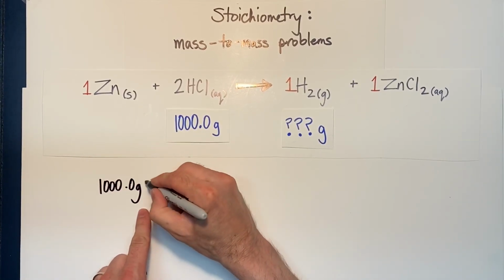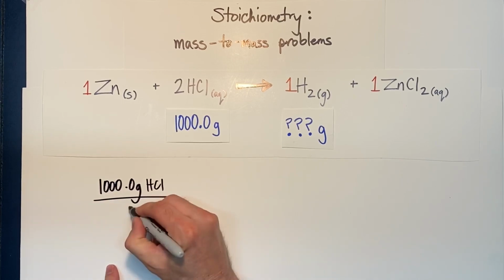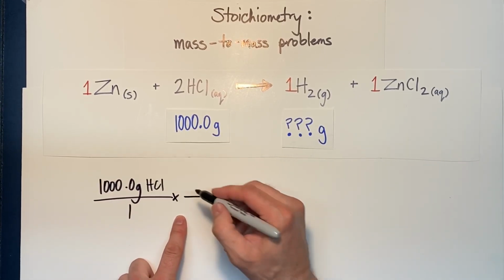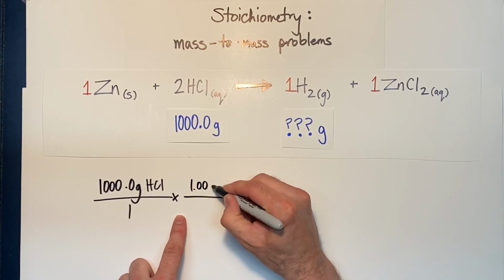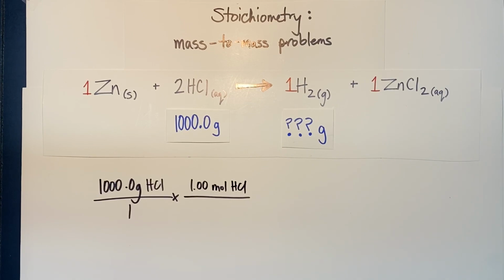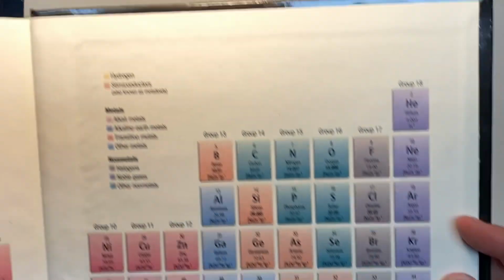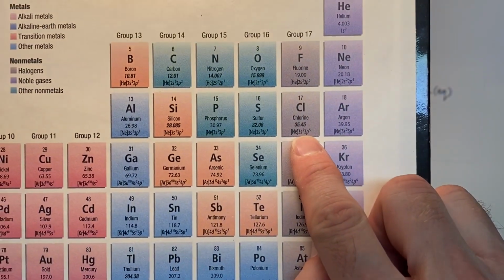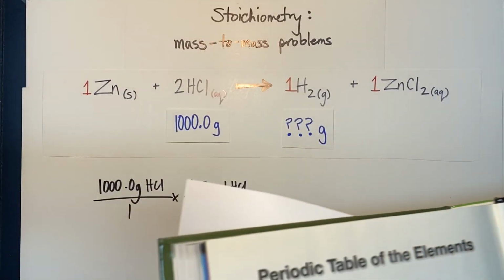1,000.0 grams of hydrochloric acid, make that a fraction over 1. The first conversion ratio is the molar mass of hydrochloric acid. I'm looking up chlorine here. Chlorine is 35.45 grams.